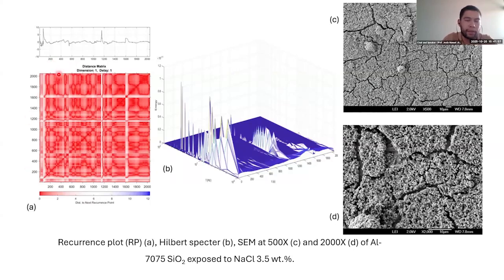That is normal in the system because we have the equilibrium of the system. But after some time, we have attack in this part that is around 1,100 seconds. The majority is this one.